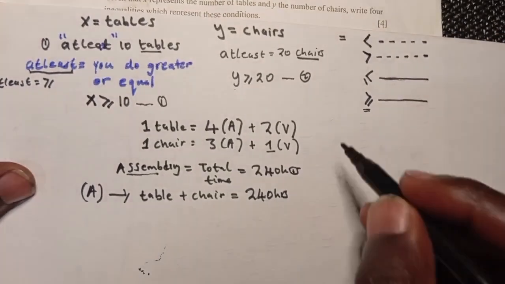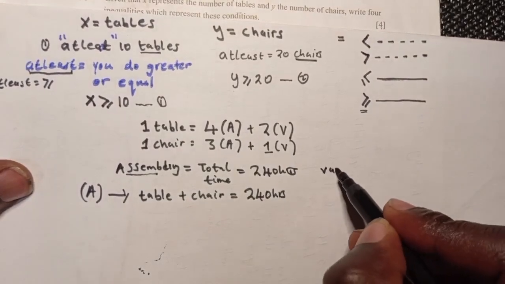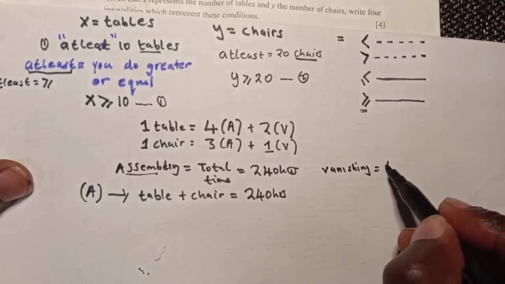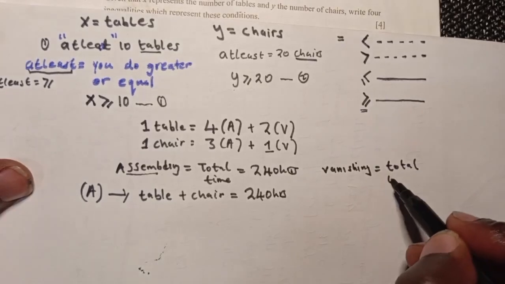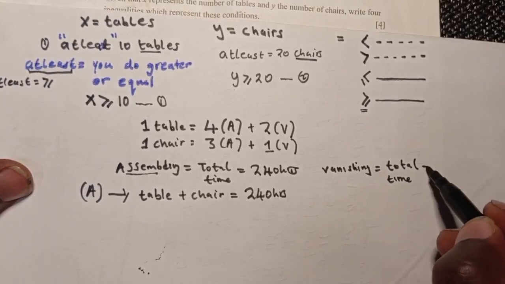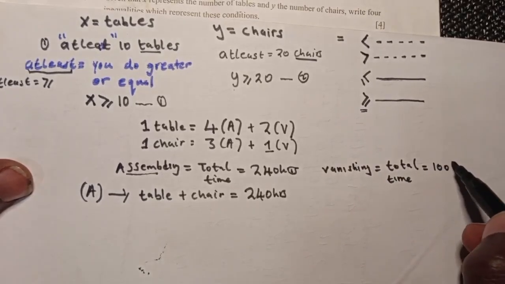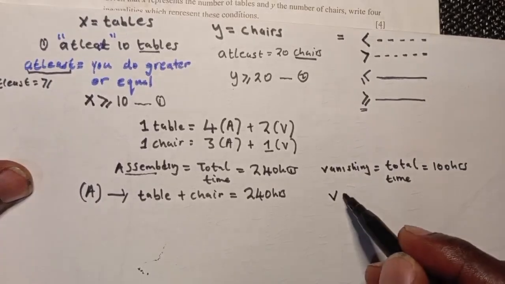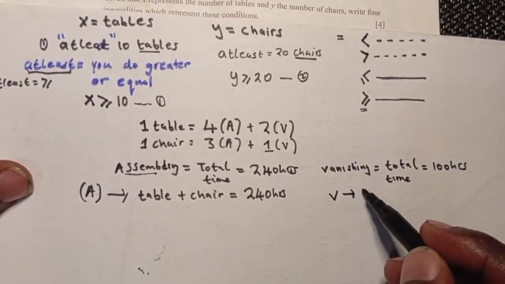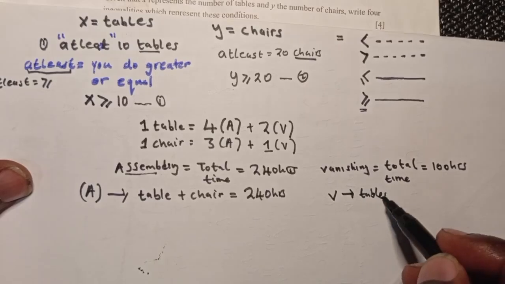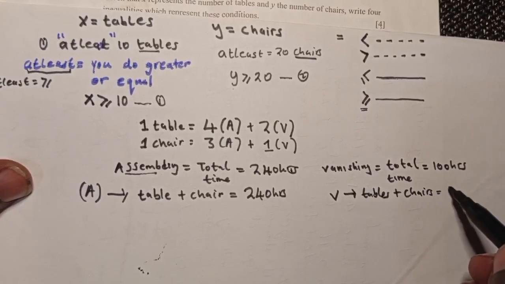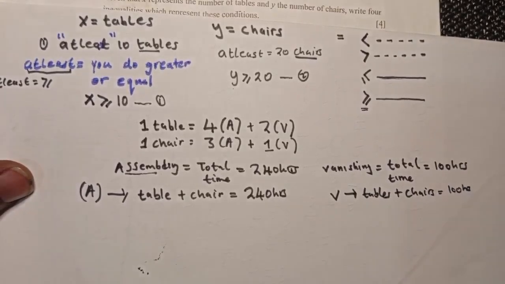For vanishing. So the total vanishing time is 100 hours, for both tables and chairs. I hope you don't get lost here. You have 100 hours.